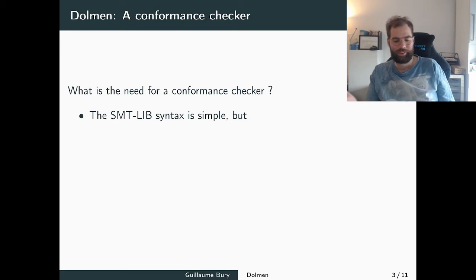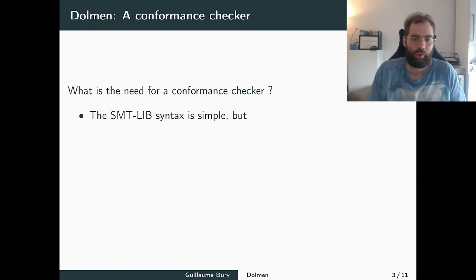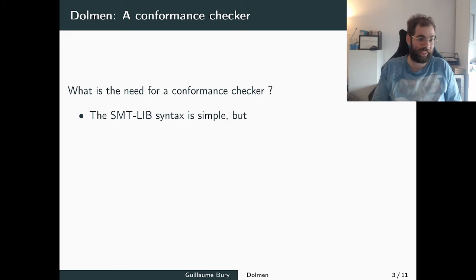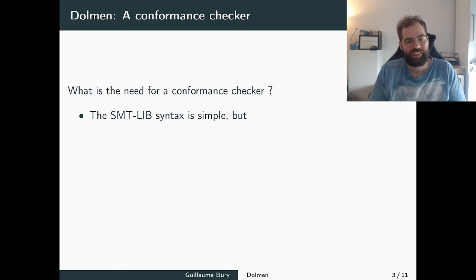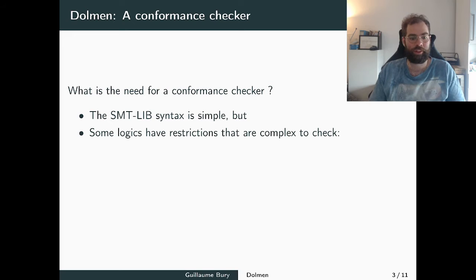So that's good, but one question would be, why is there a need for a conformance checker for SMTLIB? After all, the SMTLIB syntax is relatively simple. It's basically just S-expressions. So it's not that complicated, but as it happens, some logics have restrictions that are quite complex to check.